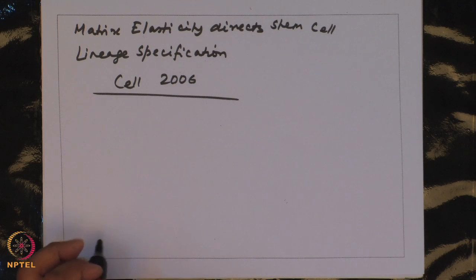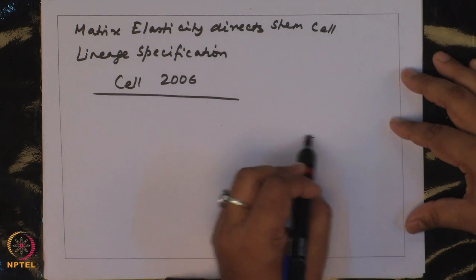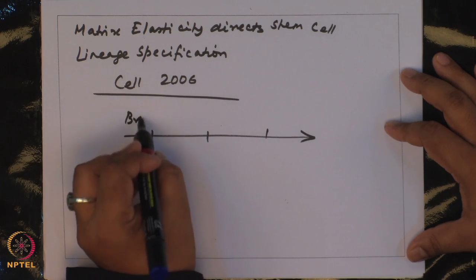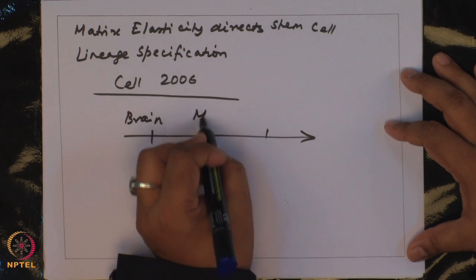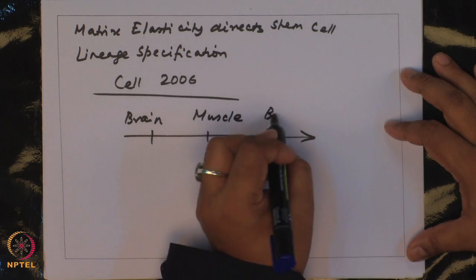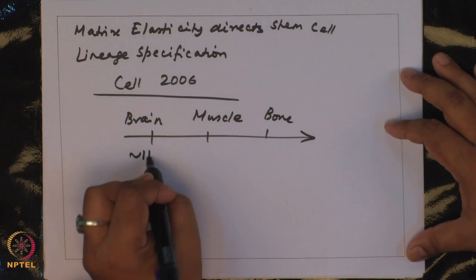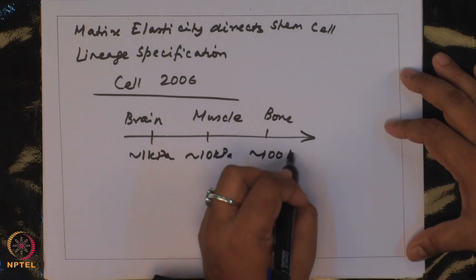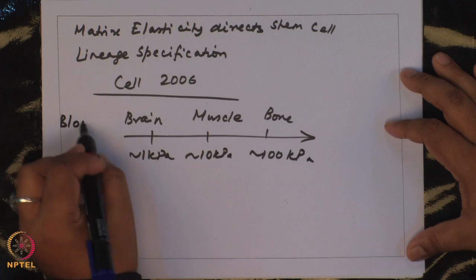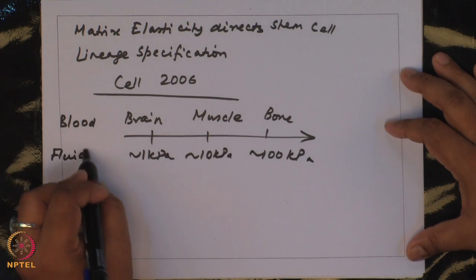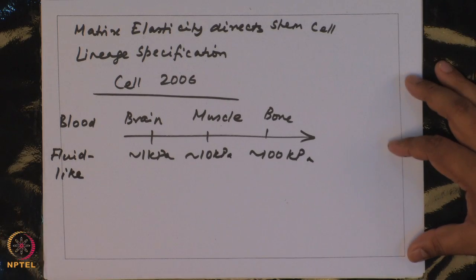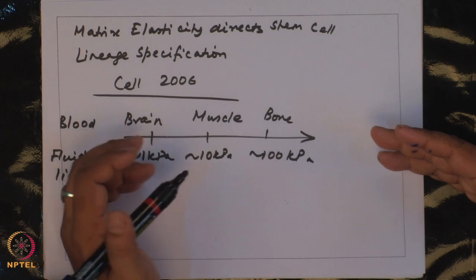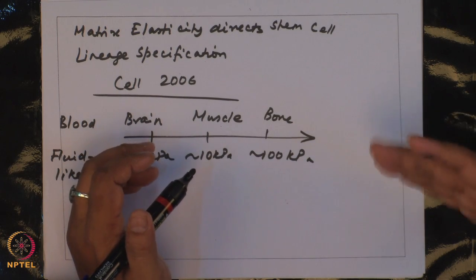The question the authors asked was, given that in vivo you have orders of magnitude differences in stiffness, with brain being soft, muscle being intermediate stiffness, and bone being stiff, roughly on the order of 1 kPa, 10 kPa, 100 kPa, and at the extreme blood which is fluid-like, how do stem cells respond to this stiffness, if at all, and if yes, how?